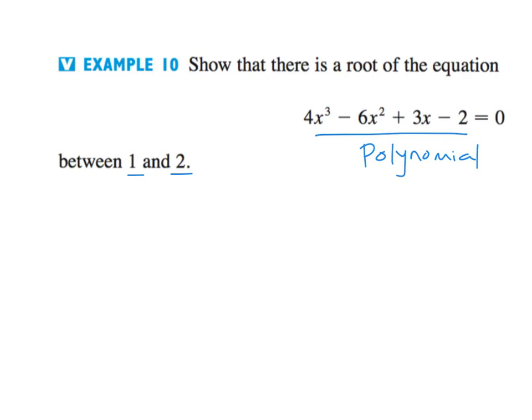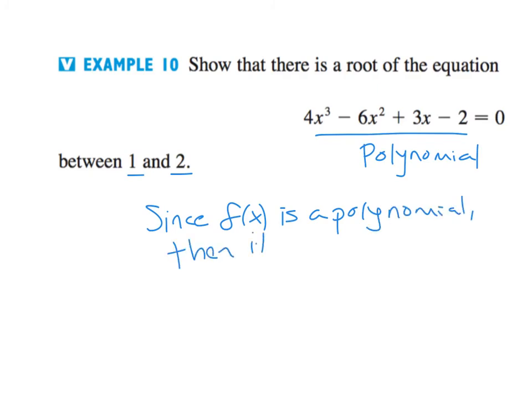And so we can say that since f of x is a polynomial, then it is continuous. We have to have some kind of continuous statement first before we apply that IVT theorem, which really says if you find the outputs here, so let's evaluate f of 1.